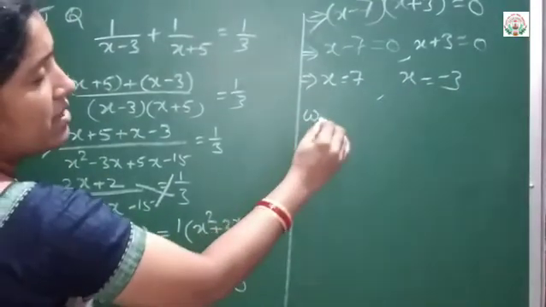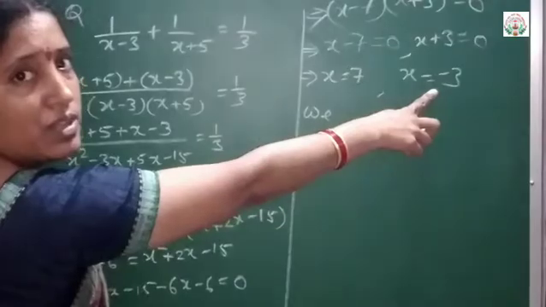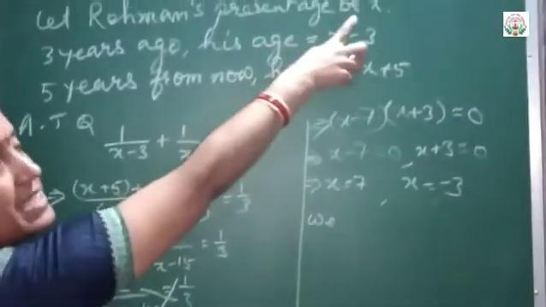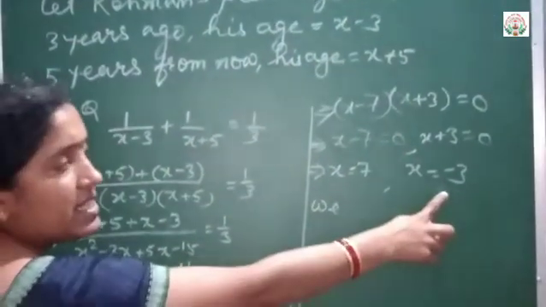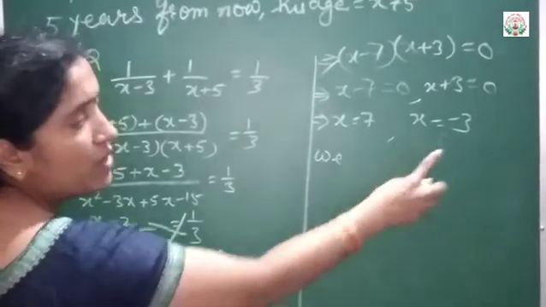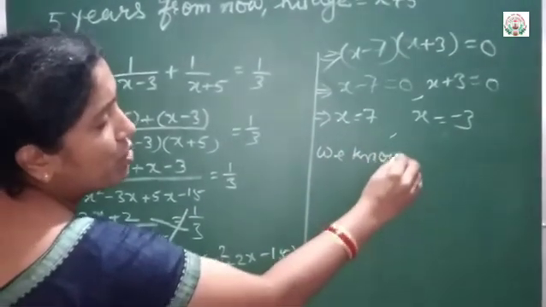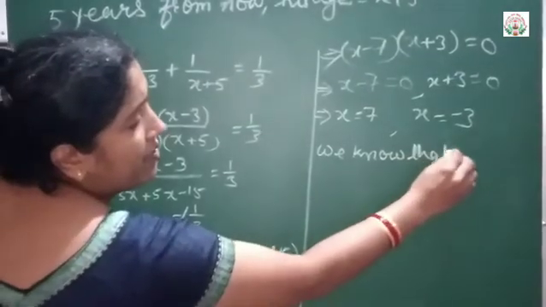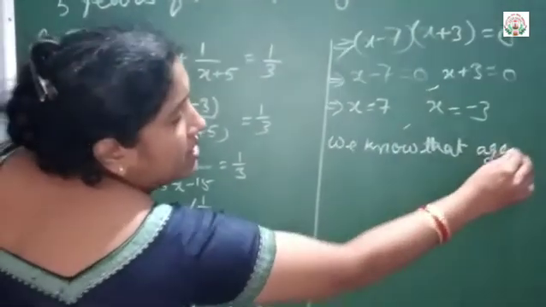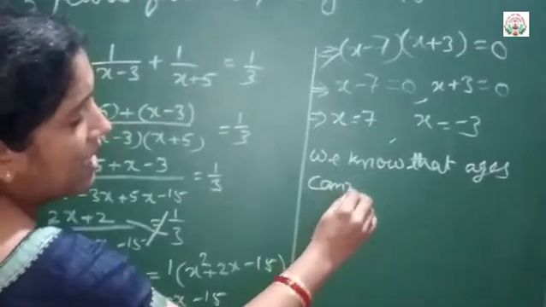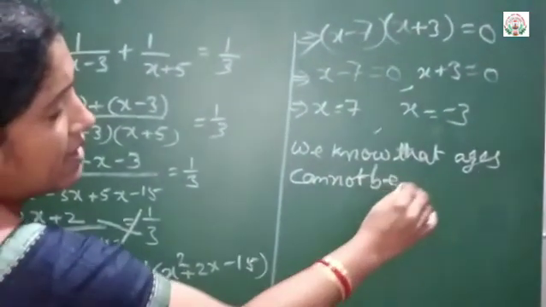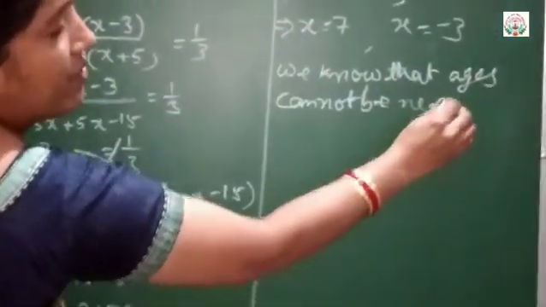And we know that ages cannot be negative because we have taken age as x. So age cannot be negative. So we cannot take this. We will take this. So we will write here: we know that ages can't be negative.